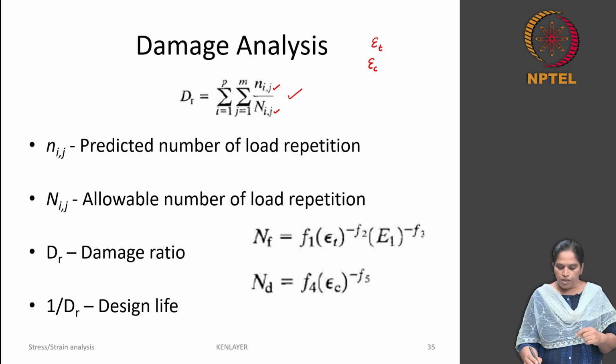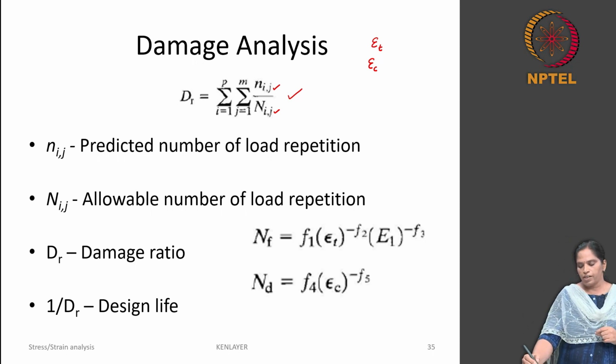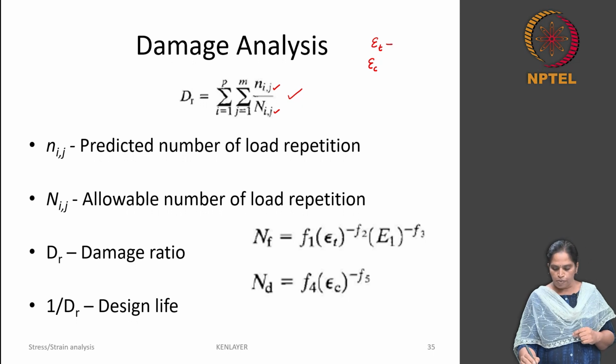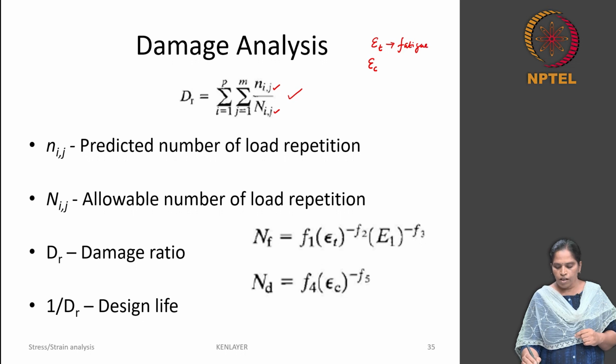So you have two damage analyses performed simultaneously: one related to fatigue damage of the HMA layer and the other related to rutting of the subgrade layer.